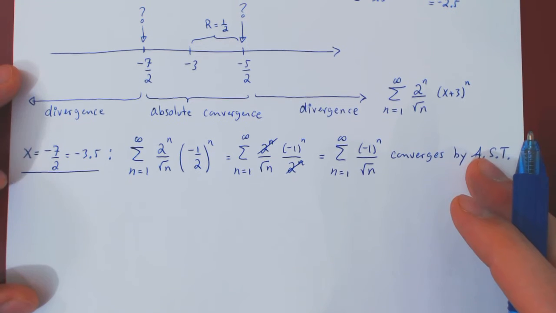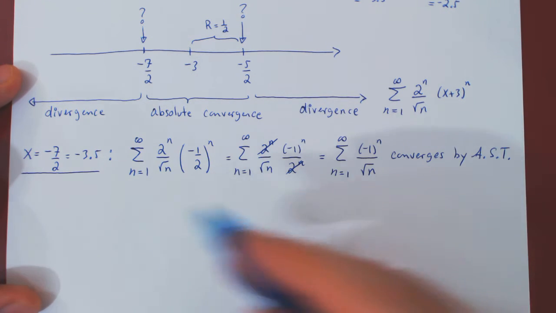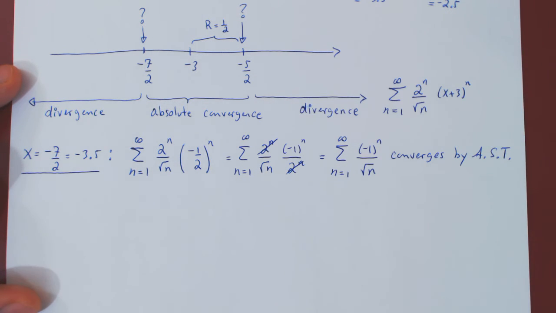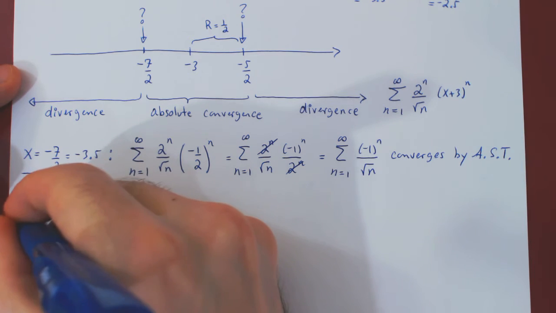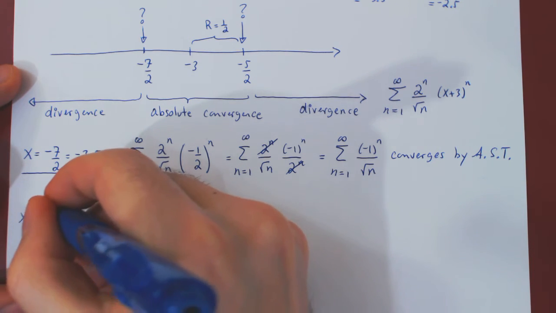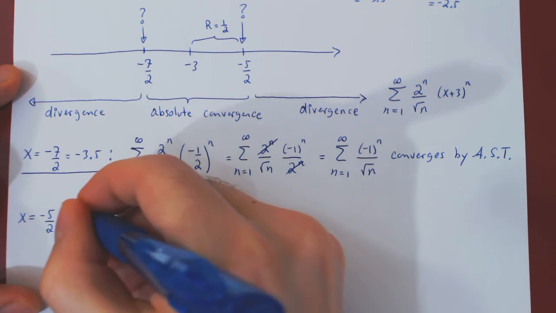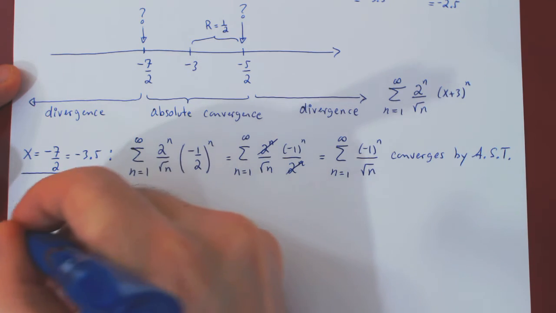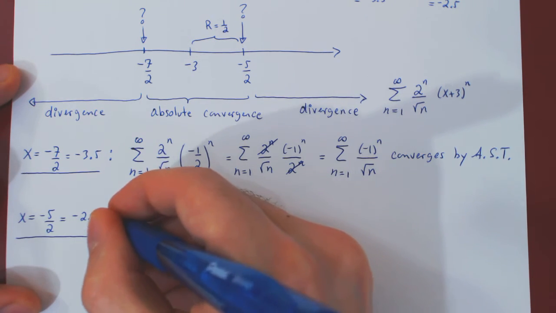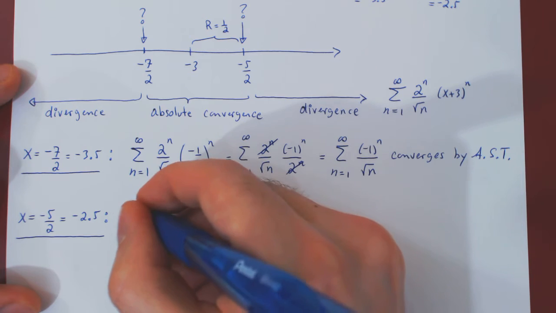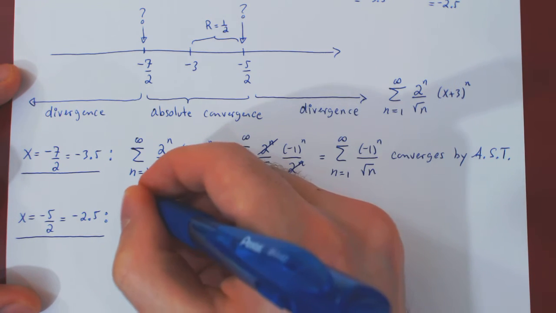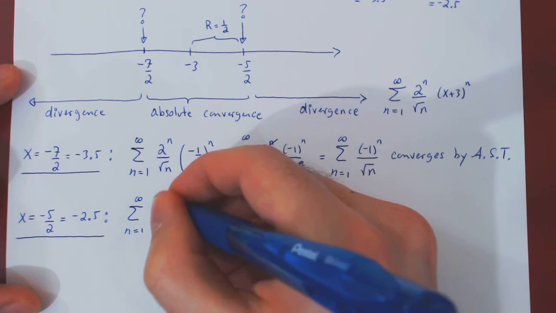Well, what about now the right-hand point, when x is negative 5 over 2? Which is of course negative 2.5. Once again, the coefficients stay the same.